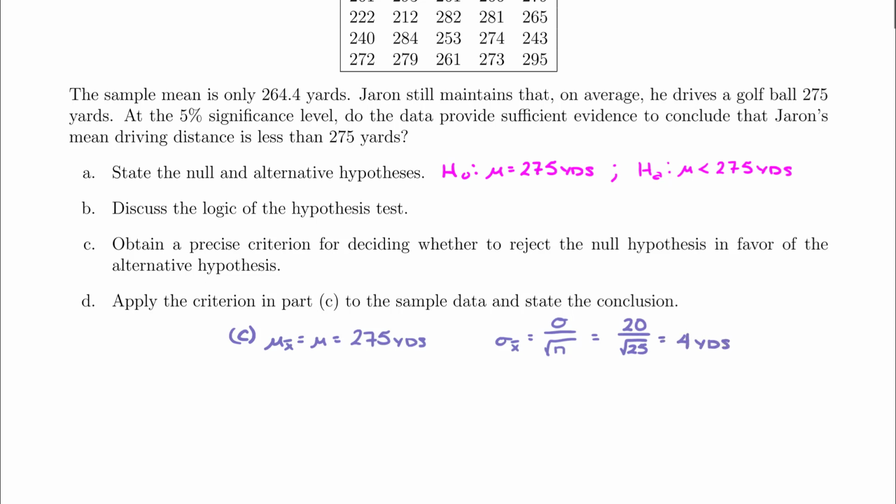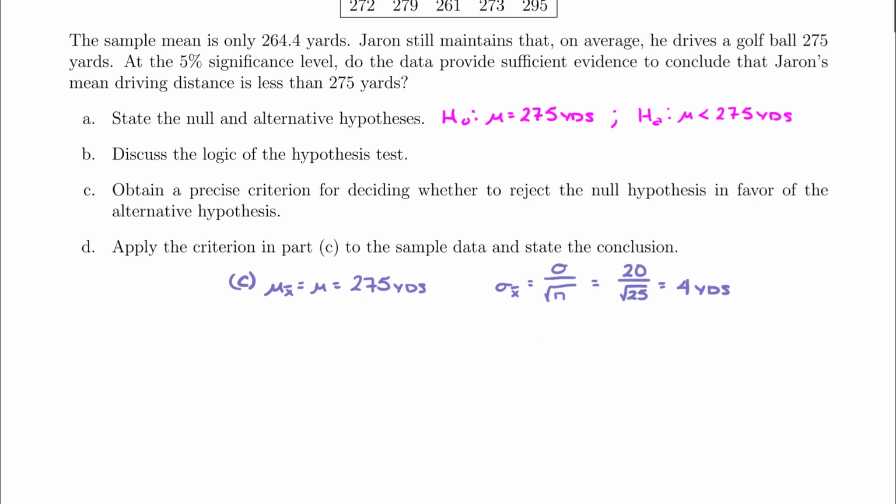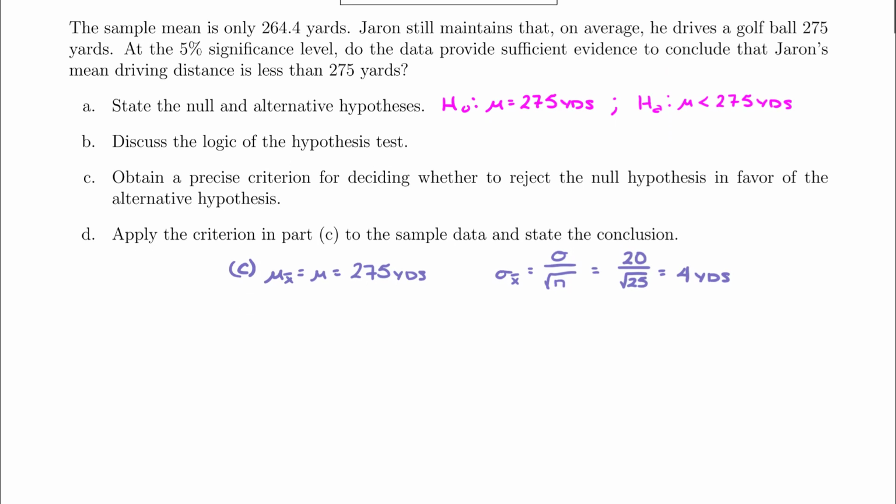And we're going to get a sample standard deviation of 4 yards. Then we're going to set up the standardized version of x bar, just like we did yesterday, by using the z-score. So remember, z is equal to x bar minus mu sub x bar over sigma sub x bar. We know all these values with the exception of x bar.